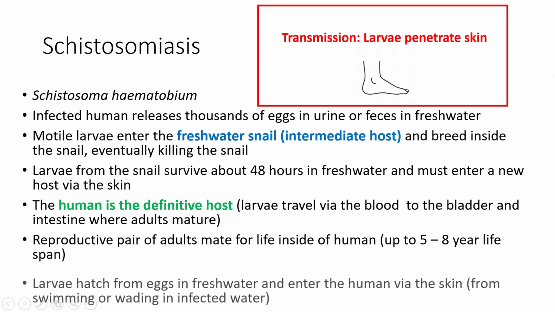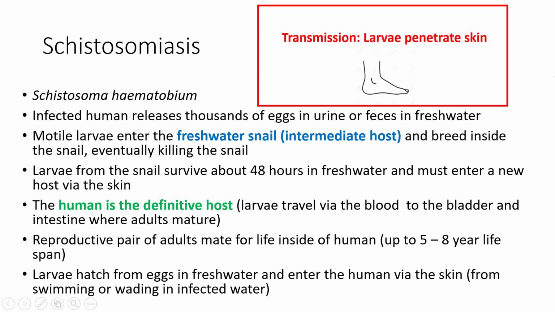Isn't that sweet? Up to a 5 to 8 year lifespan. Then the infected human passes the eggs in their feces, in their urine, and it enters another human via the skin.